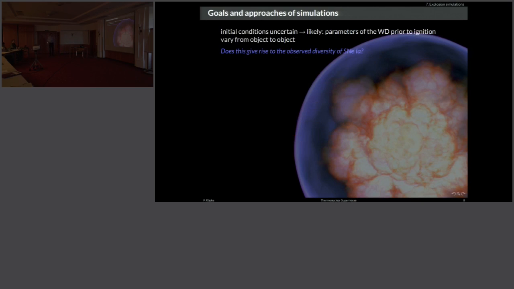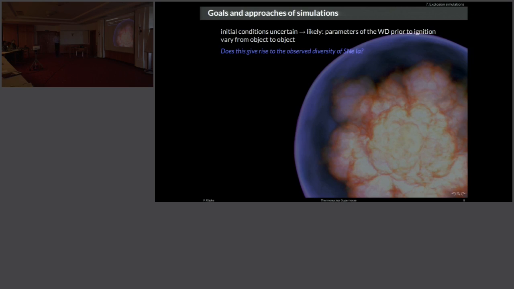Now, the initial conditions for type Ia supernova explosions, for thermonuclear explosions, as we discussed, are uncertain. It is likely that the parameters of the exploding white dwarfs prior to ignition vary from object to object, and the question is, does this give rise to the observed diversity of type Ia supernovae?